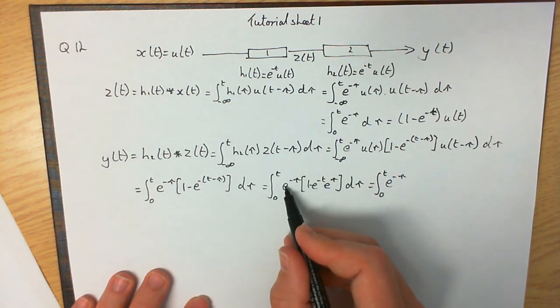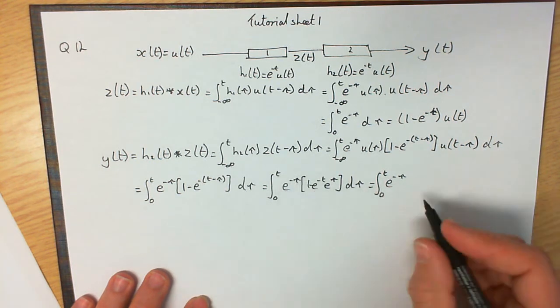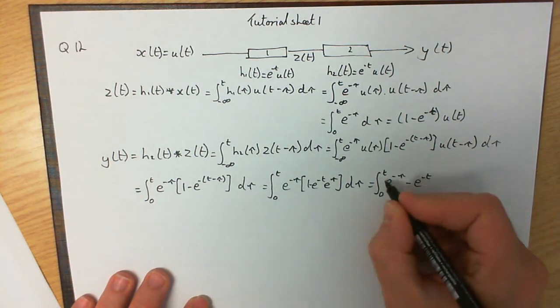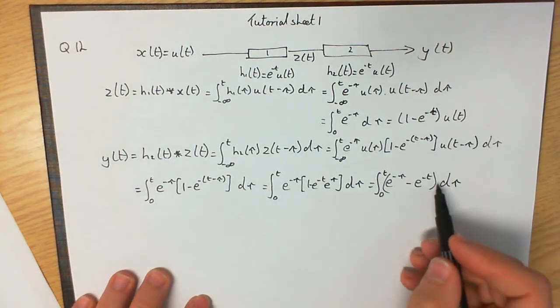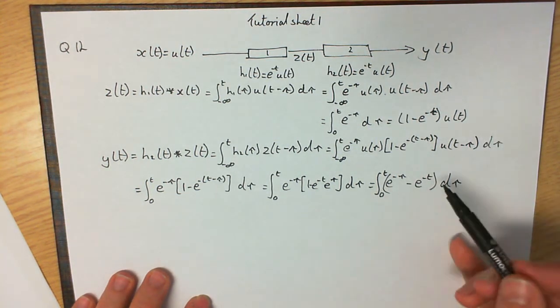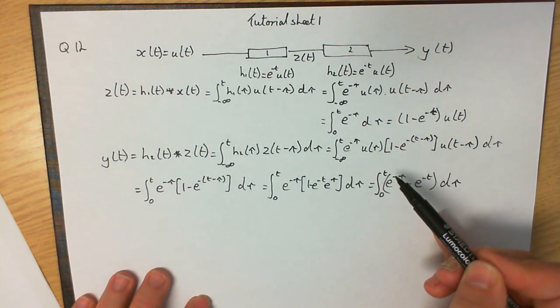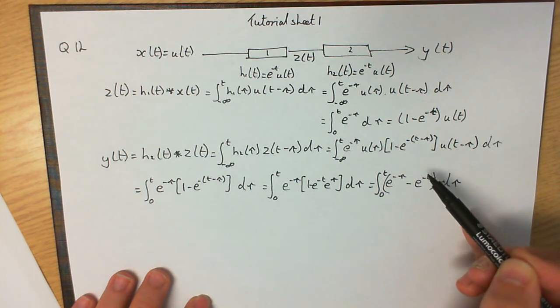When we multiply e to the minus tau by e to the tau, those just cancel out, and we're just left with e to the minus t. So this is the final integration we need to do. Note that the integration variable is tau, which only exists in here. So we're not integrating this e to the minus t, because t is a constant in this equation.